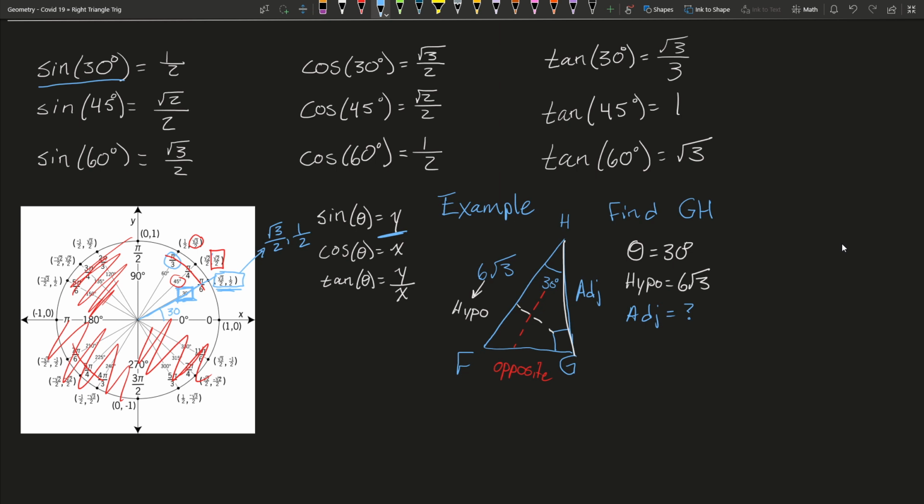Okay, so since we have hypotenuse and adjacent and an angle, we're going to use cosine. So we know that cosine of our angle gives us the adjacent side over hypotenuse. And then really we're just substituting in what we know.